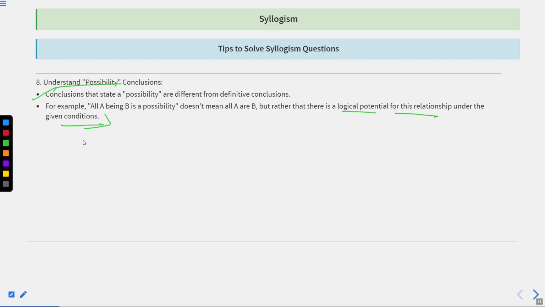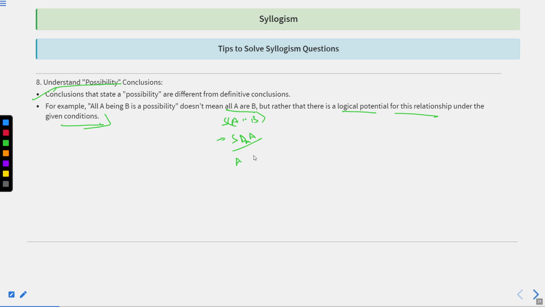You have to figure out whether there is a possibility of the same. If the first statement is all A are B, and the other statement is some A are B, then from the inferences, some B are A is 100% sure. That is following.